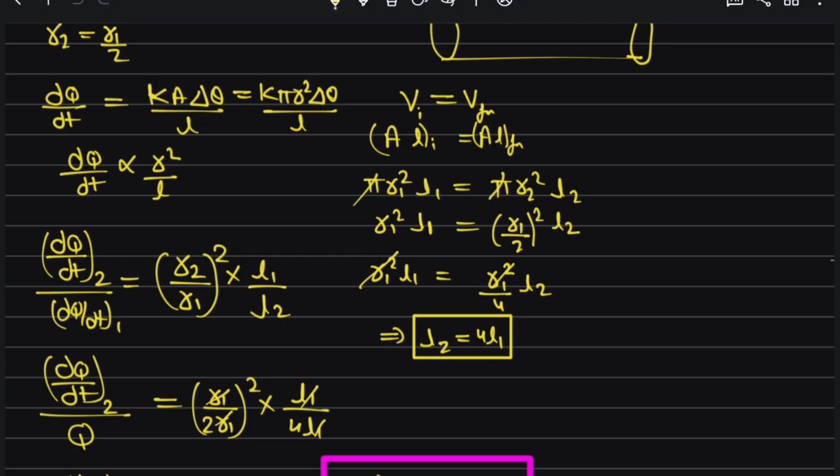Our next lecture on thermal properties of matter is coming very quickly. After that we start our next chapter, thermodynamics, and then kinetic theory of gases. After completing thermodynamics we start our rotational motion chapter.